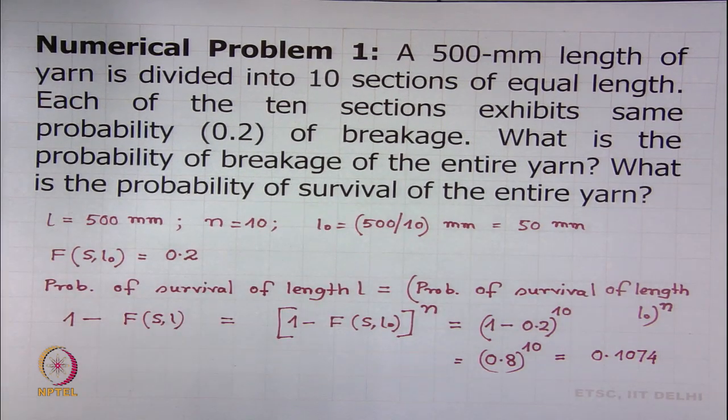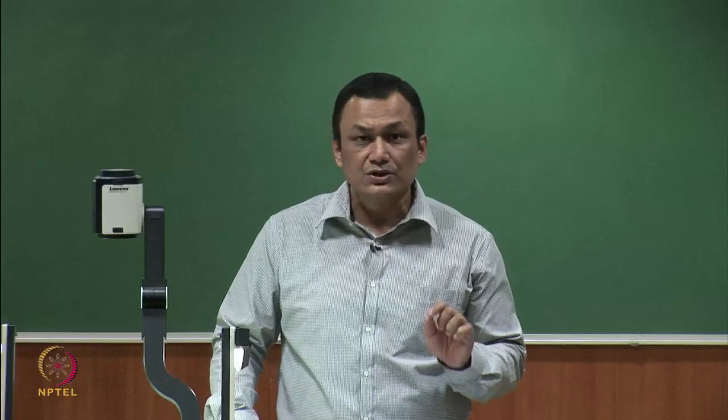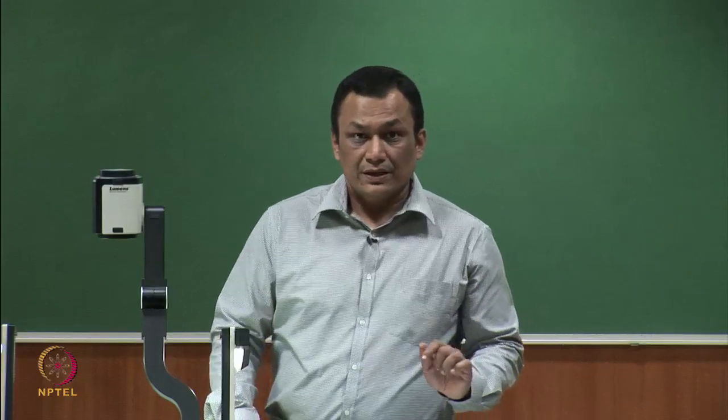What is the probability of survival of the entire yarn? The probability of survival of the entire yarn is 0.1074. And then what is the probability of breakage?